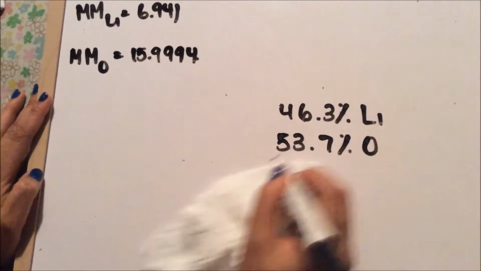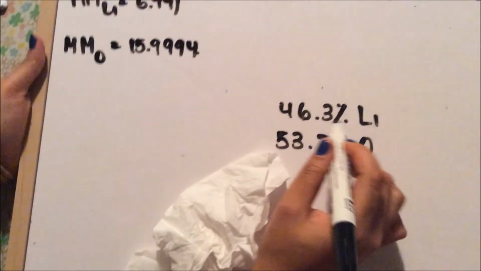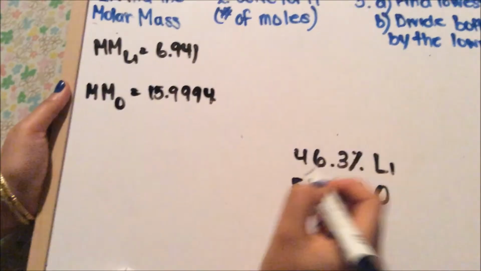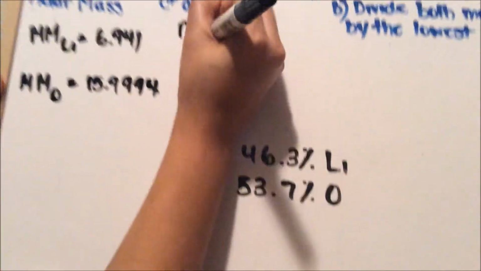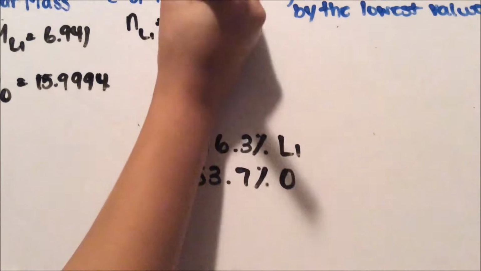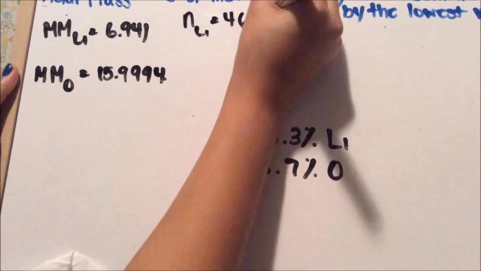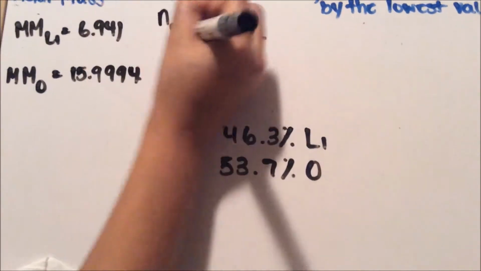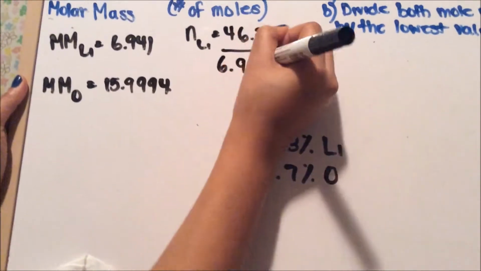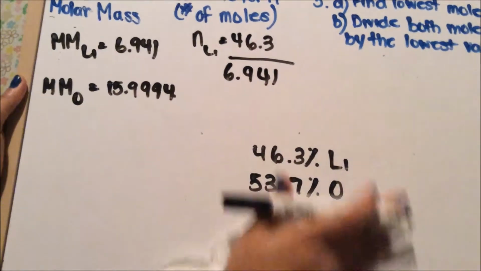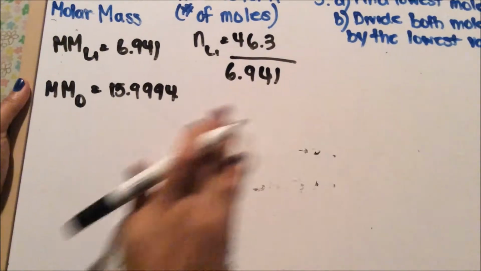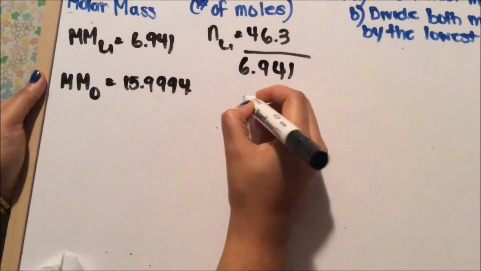Step 2 is solve for the moles. So using these values, we're going to solve mass divided by molar mass. So number of moles for lithium is equal to 46.3 divided by 6.941. And then we get 6.7.